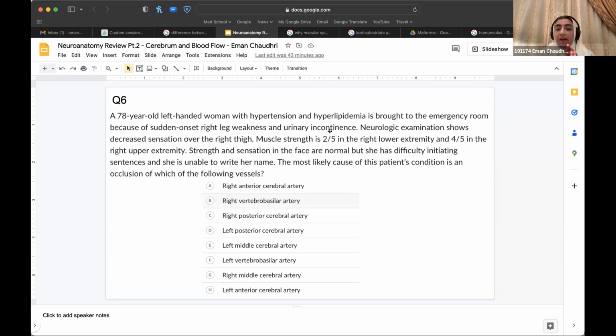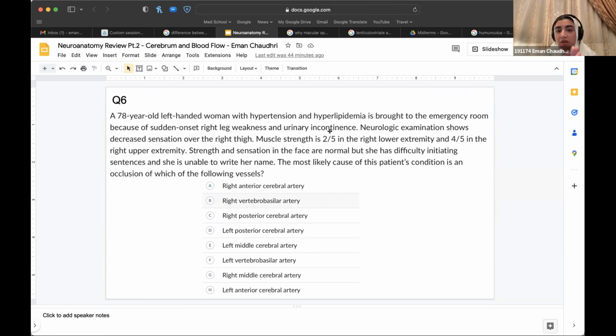So even though she's left-handed, and this is something they probably mentioned to you, whoever taught you the cerebrum, left-handed people typically also are left dominant, which is so confusing. I know it's kind of confusing. But the majority of them are still left dominant. So if you see that, don't necessarily think, okay, just because this is the dominant hemisphere and she can't do this now, for example, hemi-neglect only happens in the non-dominant hemisphere.